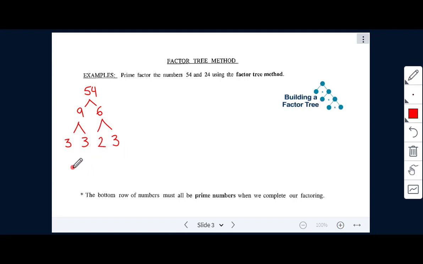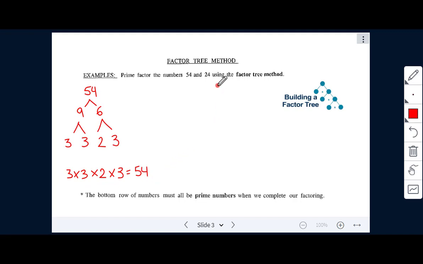But if we multiply them together, if we multiply 3 times 3 times 2 times 3, we will get our original number of 54. All right, so this does give us 54. And these are the prime factors for 54.